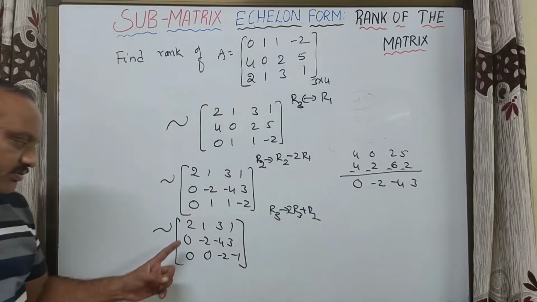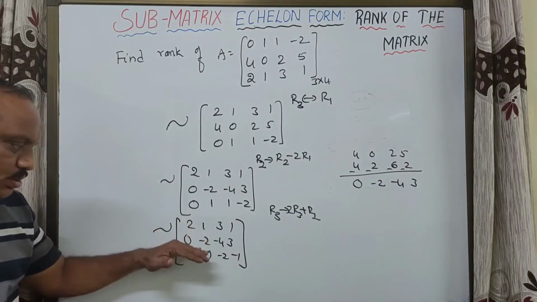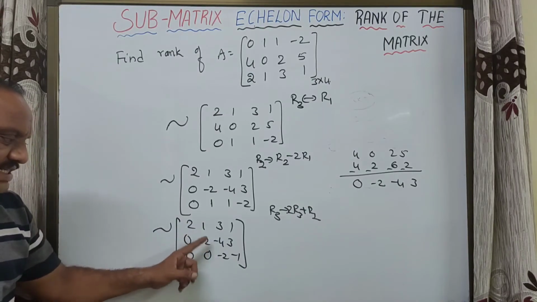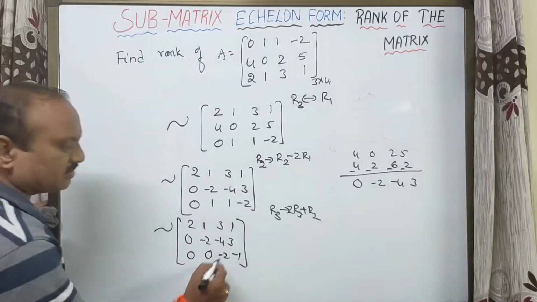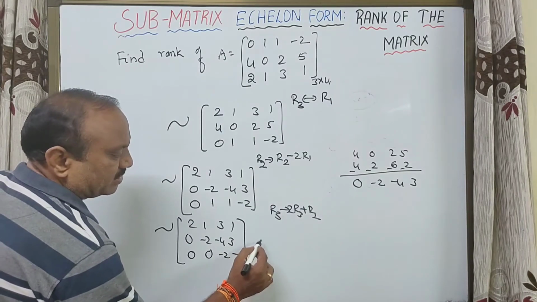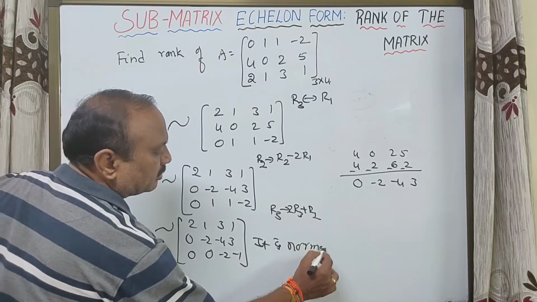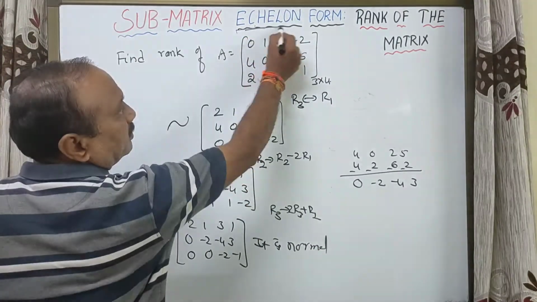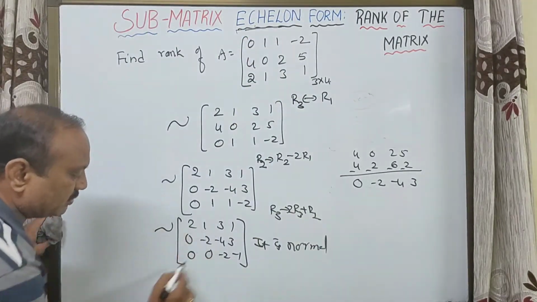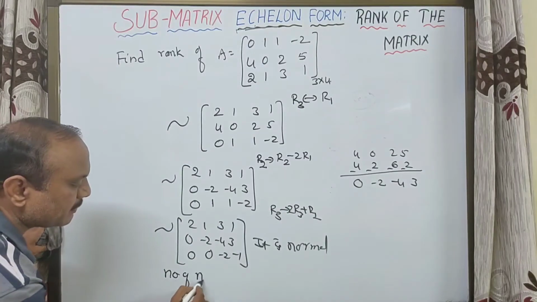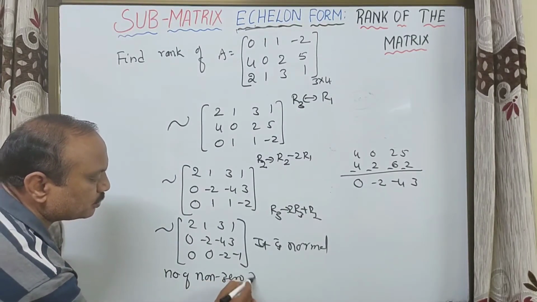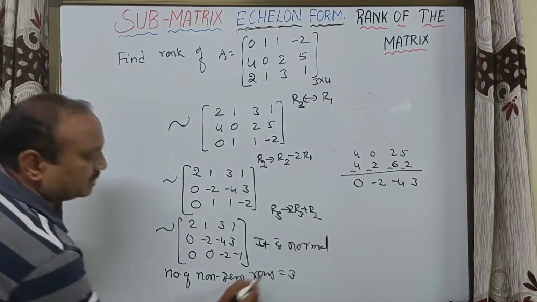See, from row to row the number of zeros is in increasing order. So this is in echelon form. It is normal form or echelon form. Here the number of non-zero rows is equal to 3.